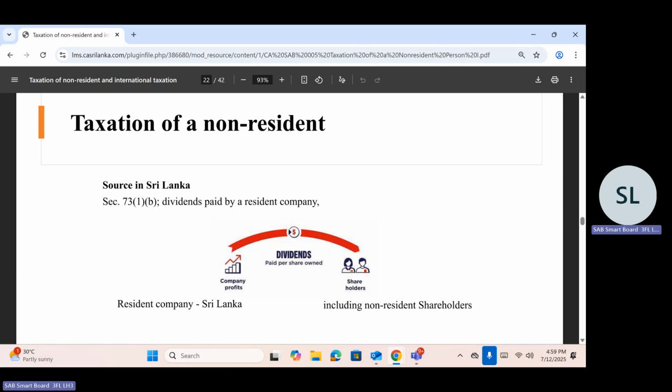Right? So income generated from a source in Sri Lanka. The resident company in Sri Lanka, from its profits, is declaring a dividend to shareholders. They are not in Sri Lanka, non-resident, but it shall be derived as a source in Sri Lanka.